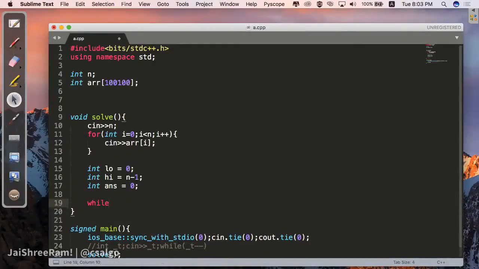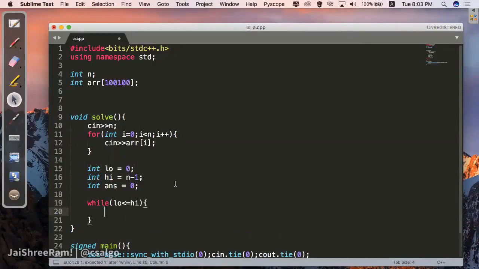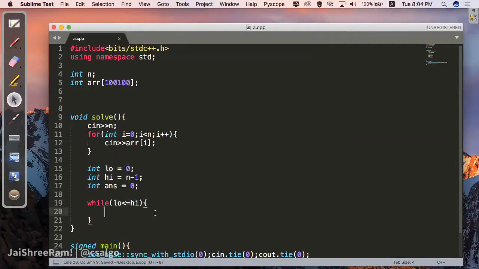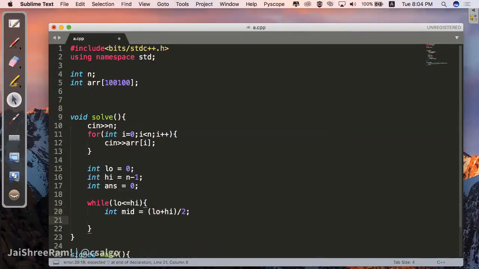You will write while low is less than or equal to high. So while there is some finite space left in the low to high range, keep doing. You need a middle value, which is low plus high by 2. Now if check of mid, else.